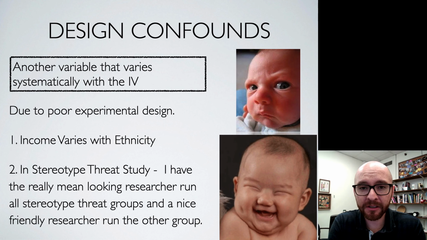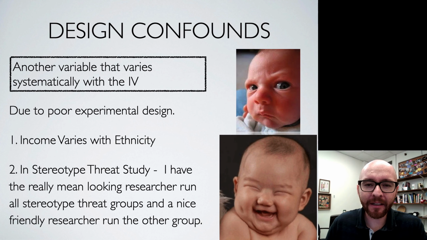I have the same researcher run everybody in the stereotype threat condition. And I have a different researcher run everybody in the control condition. But let's say, that's why I have these mean and happy faces, and they're kids, they're just cute. You have a researcher who just has a mean face. They just look angry, they're not angry, they just look that way.